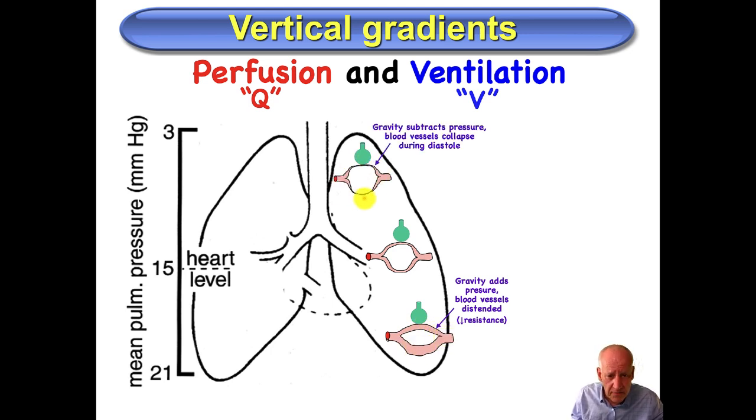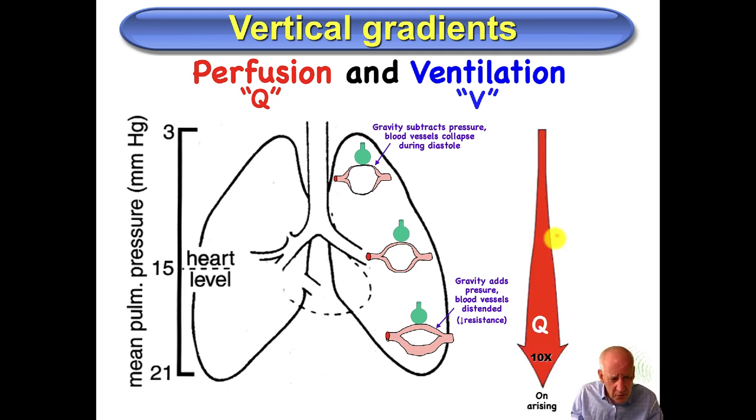At the apex of the lung, gravity subtracts pressure from the pulmonary vessels, and pressure falls to only about 3 torr. And as a consequence, these vessels collapse during diastole. These effects of gravity explain, in part, why blood flow through the base of the lungs is about 10 times that through the apex of the lung when we stand upright.